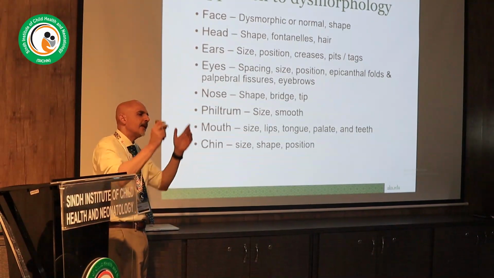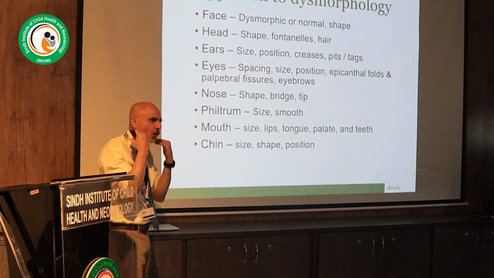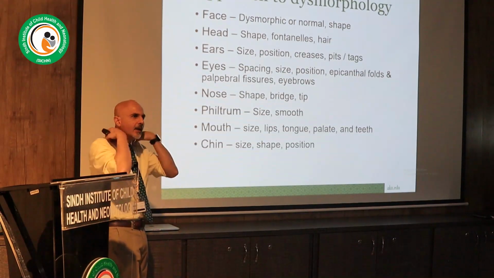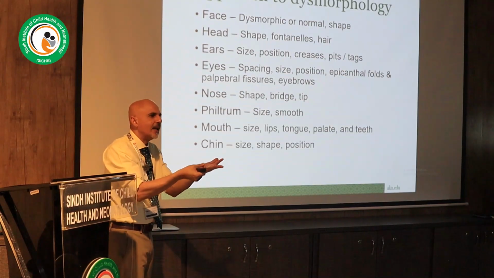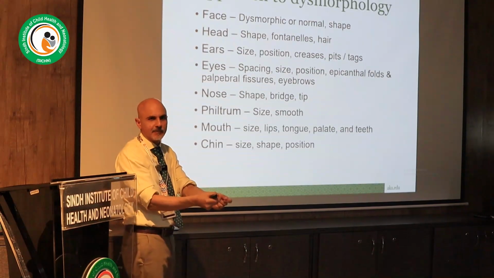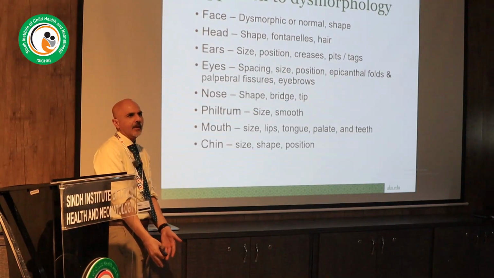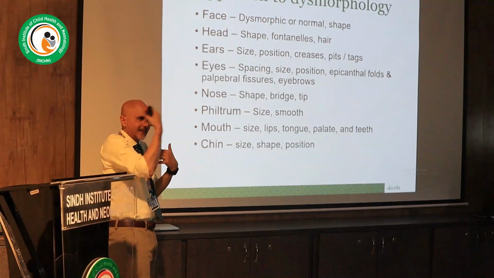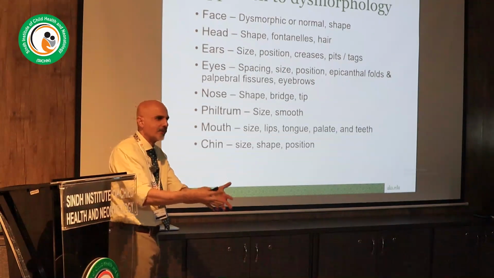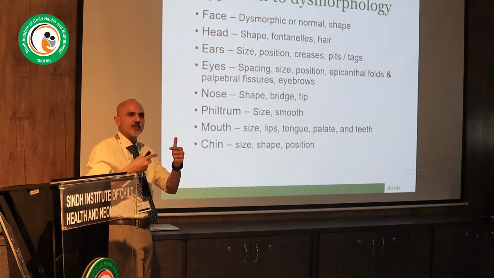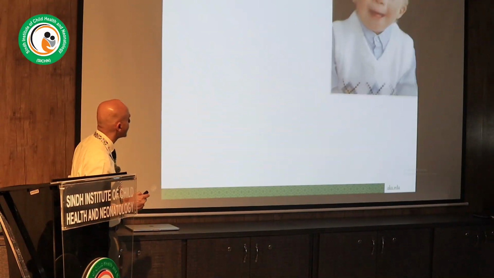But in the context of upslanting palpebral fissures, malar hypoplasia, low set ears, protruding tongue, short neck, nuchal thickness, if someone else tells me this is also present, it adds some value. Same thing with the sandal gap. It's not that important when all these other things are not there, but that becomes important when you're thinking of this syndrome. So connecting the dysmorphic features together is something that is expected of you guys.